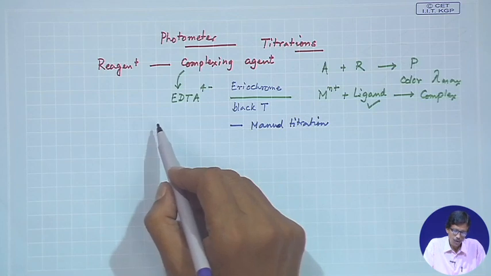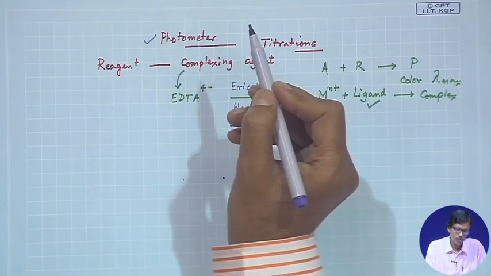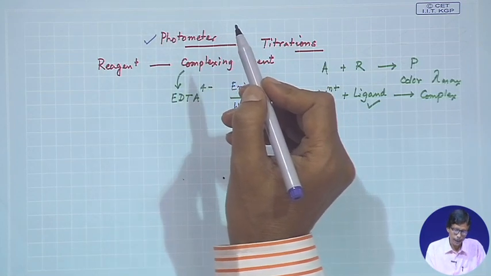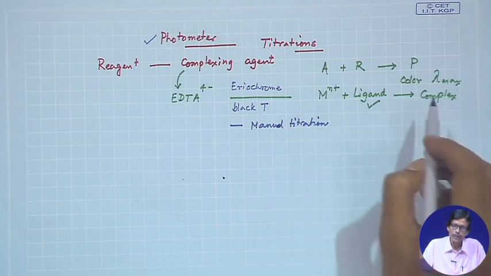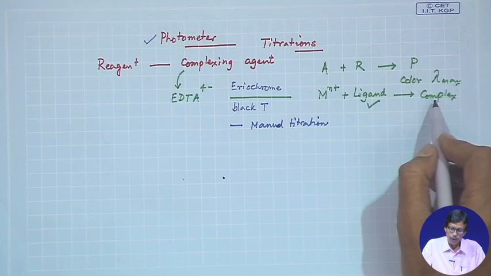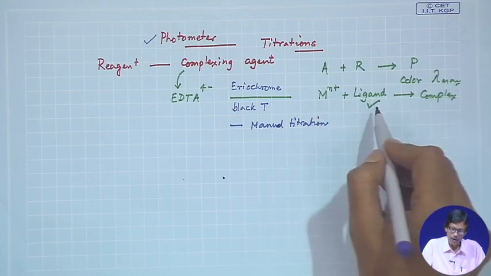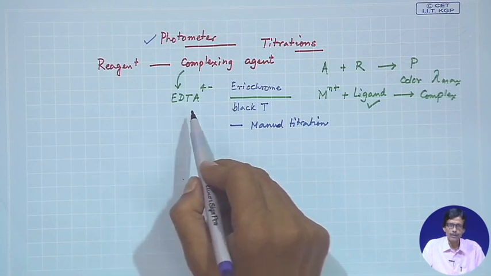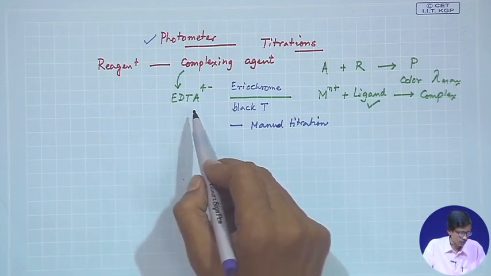So, in all these cases when we introduce a photometer or a spectrophotometer, our basic idea is that we have to have some colored product, or a colored metal ion, or a colored ligand, such that we can monitor the corresponding absorbance during the titration process.